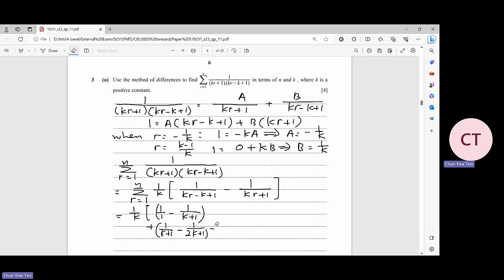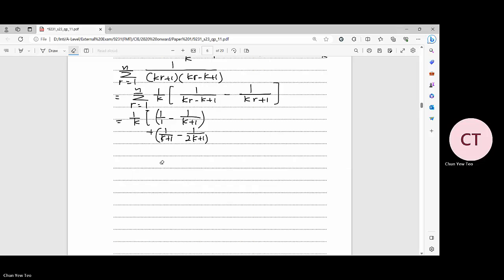Okay. Then when I put r equal to 3, I have 2k plus 1 minus 1 over 3k plus 1. I will write down vertically. I no need to list out so many things, because once I list out the first three terms and I can see the pattern, you can see that they can cancel directly in this way.